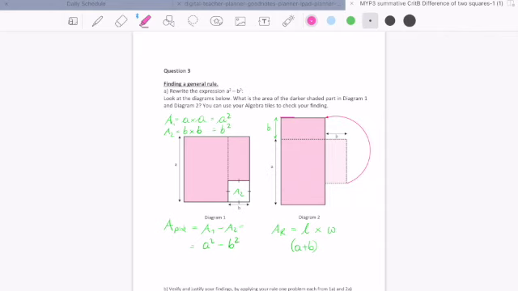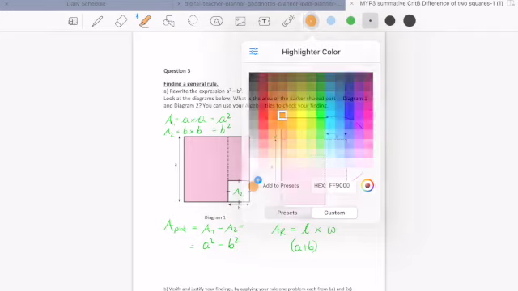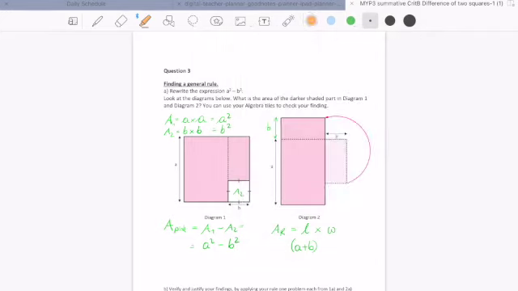Maybe dark pink was not the right choice. Let's take orange. That's a bit more contrast to the pink that is already there. So this length here, this one here, is the same as this one here. They're equal. Yeah? It's the same rectangle, so those two are equal.